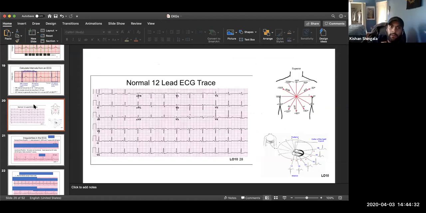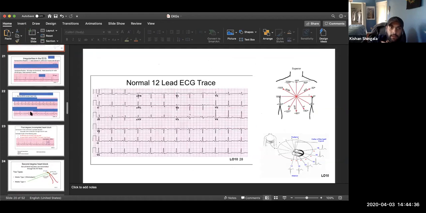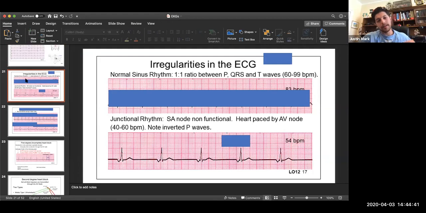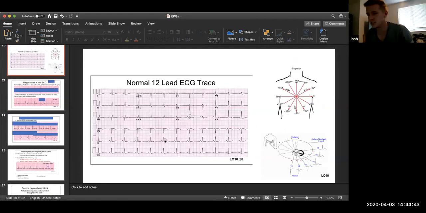So I guess it's helpful if they're ever not matched up. In V1, it'd be separate because the node is in between the atrium and the ventricles. So in V1, the P wave would be positive because it's moving towards that, and then the ventricular one would be negative because it's moving away.